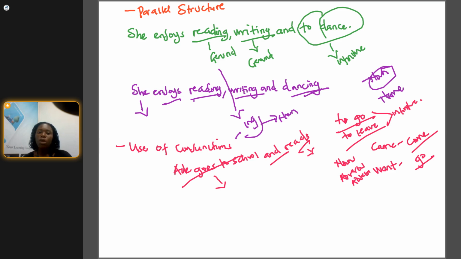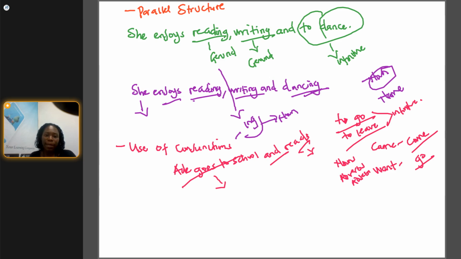You cannot use a wrong conjunction to link two phrases or two ideas. So let's look at this sentence: he went to the store because he needs groceries.